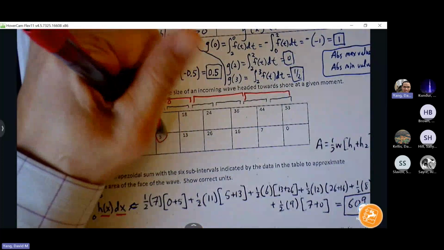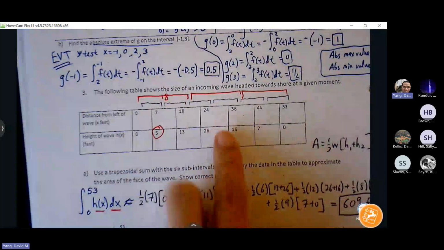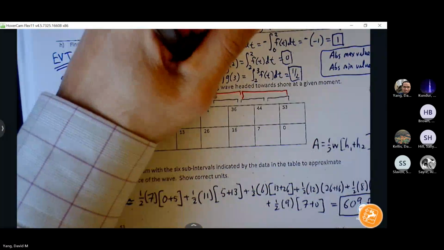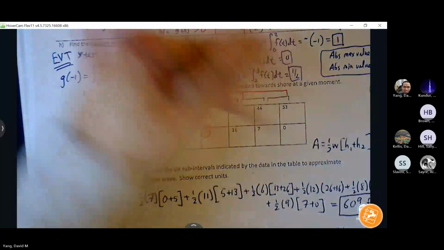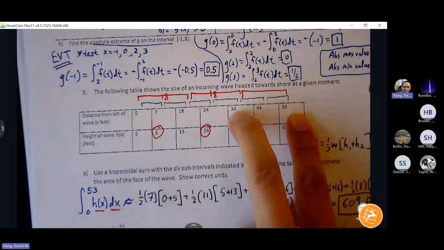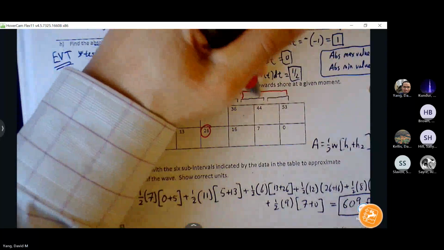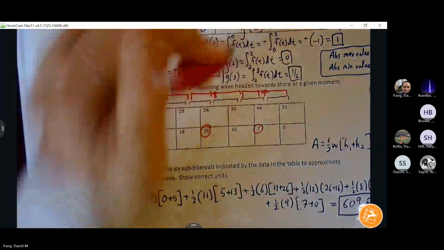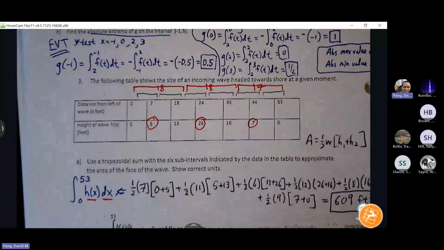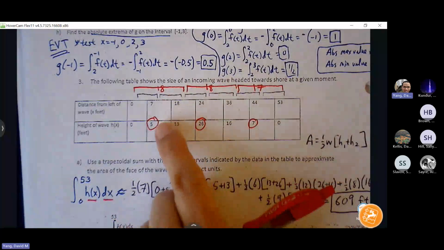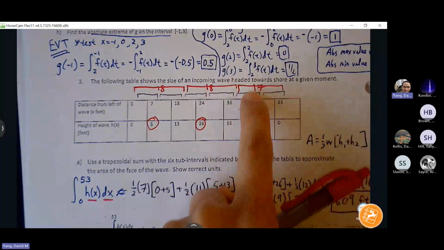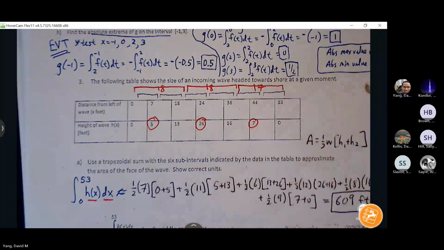I want to pick that middle height. 36 minus 18. And then 53 minus 36, 17. So there's my dimensions for my 3 rectangles. Width of 18, height of 5, width of 18, height of 26, width of 17, height of 7.